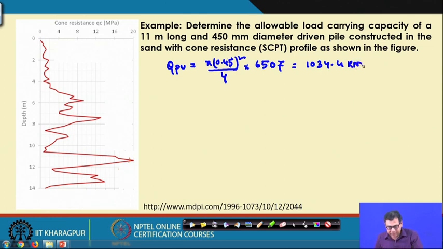So, this is the QPU, or the tip resistance I am getting.